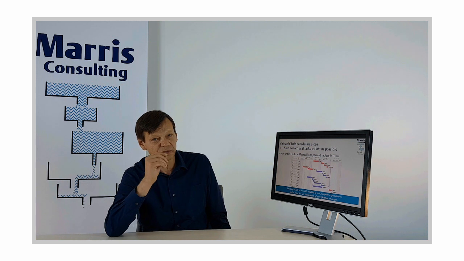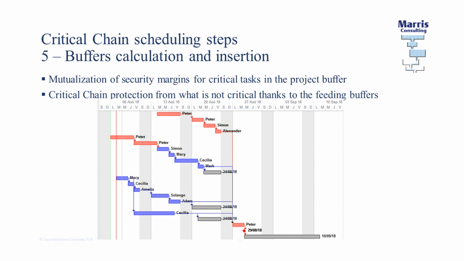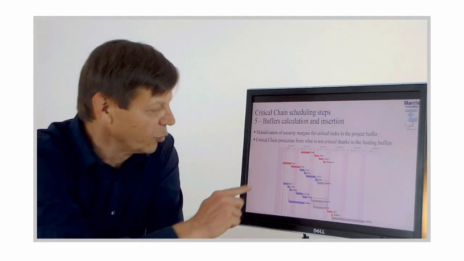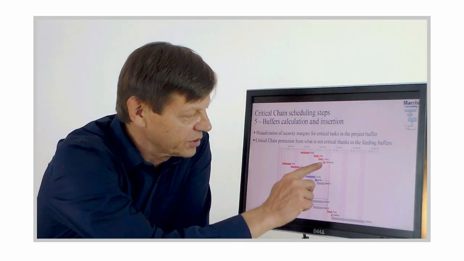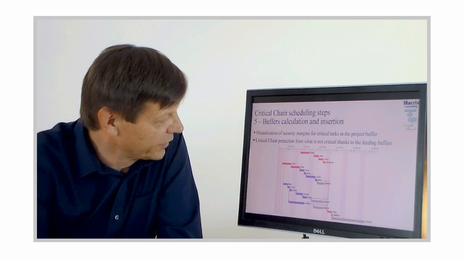Let's get to the final step, step 5, and that is to insert the buffers, which no doubt you've heard of because it's one of the first things people learn about when learning about critical chain. We've just said that that sequence is risky because it's based on the average times.